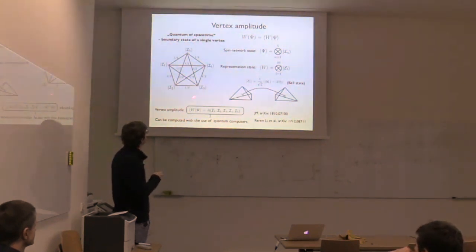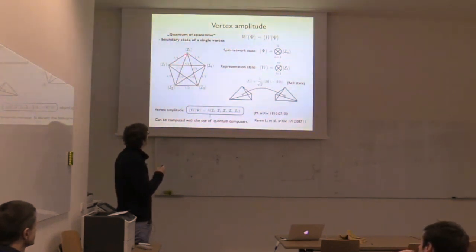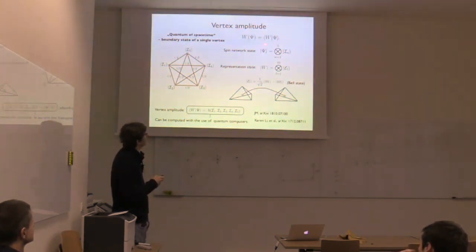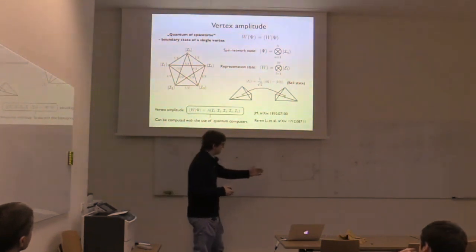So I take the boundary of the vertex, which is the pentagram graph, with all the spins equal to 1/2, and then I have 5 intertwiner qubits. To get the vertex amplitude, I have to construct the spin network state, which is a product state of these 5 intertwiner qubits, and evaluate the state in some representation.